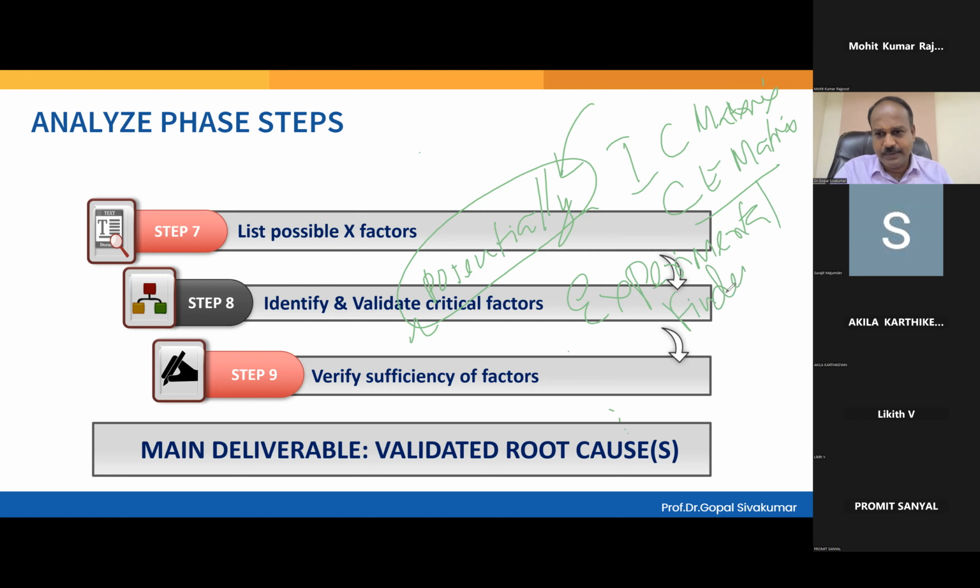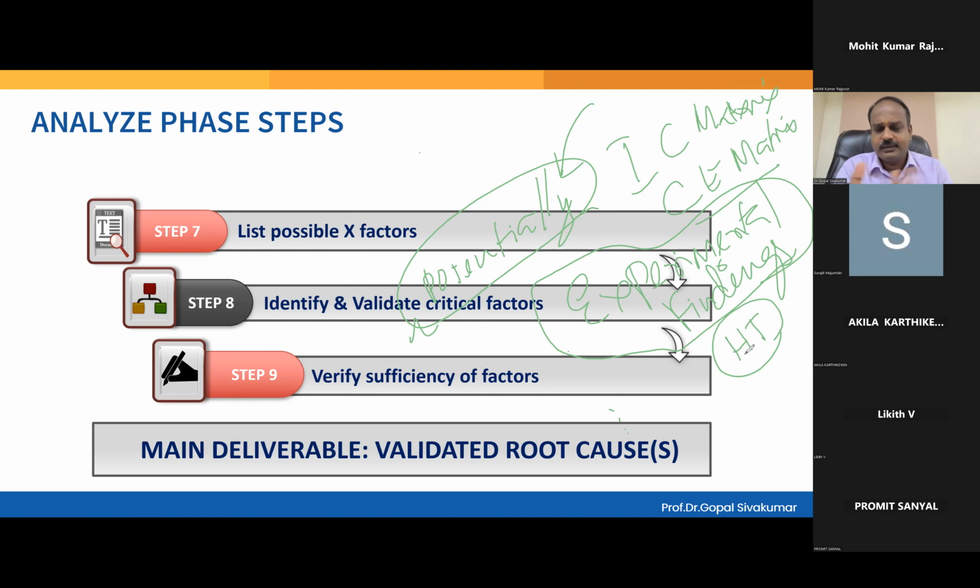Please understand what I'm writing. You should only believe experimental findings, no more assumption. All of you are with me? Yes, sir. That is known as hypothesis testing.